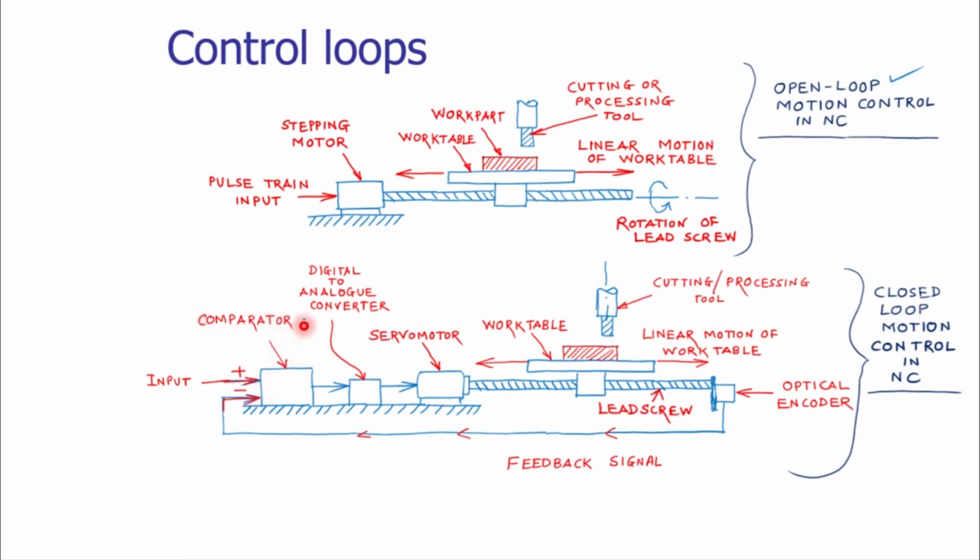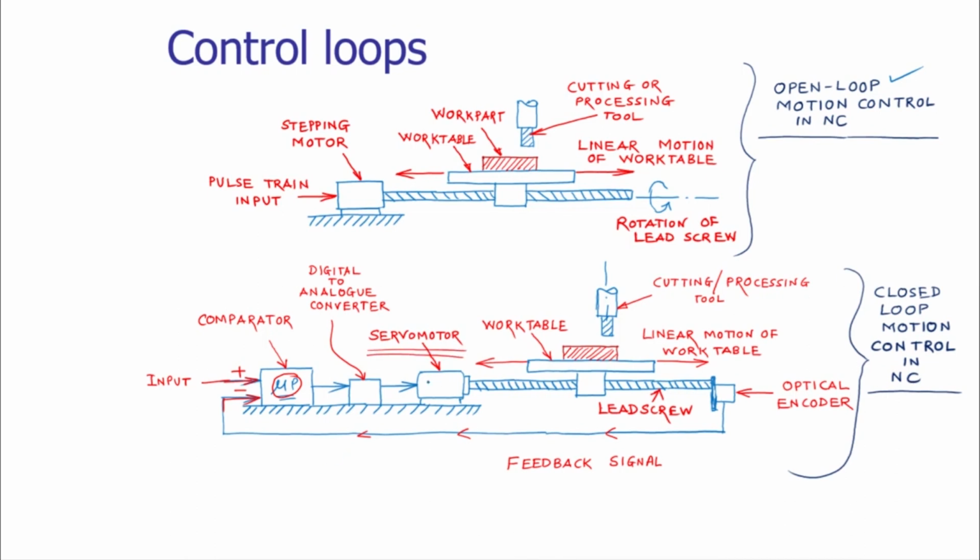It will compare the desired value, the true value given by the microprocessor, with the value it is getting from the optical encoder. The comparator sends that to the microprocessor, and the microprocessor accordingly changes the values to be passed to the servo motor. It is changing the control signals of the servo motor.